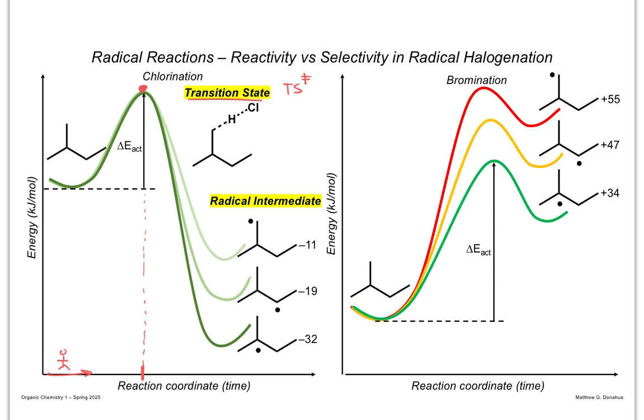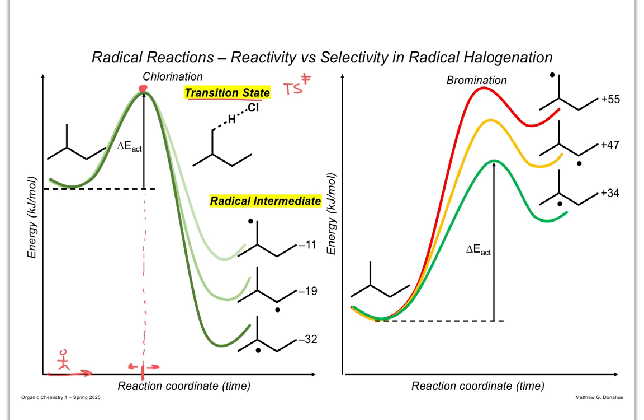Notice the top of that hill. There's really not a lot of sort of leeway or spread on the x-axis. When you get to the top of the hill, the ball either rolls back down to the starting material or it rolls to the reactive intermediate.